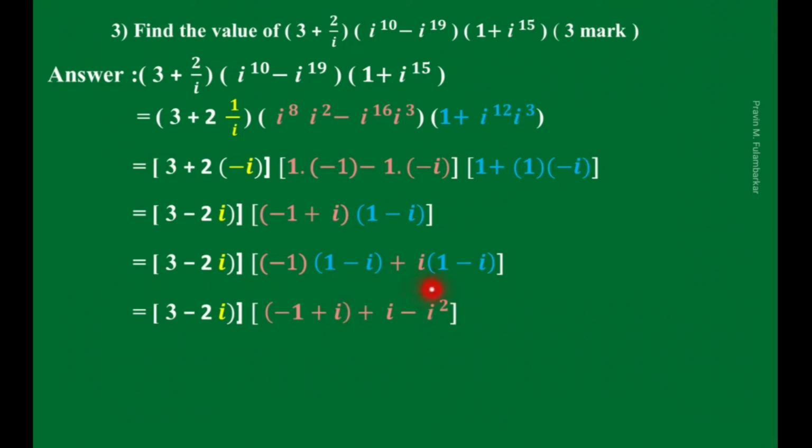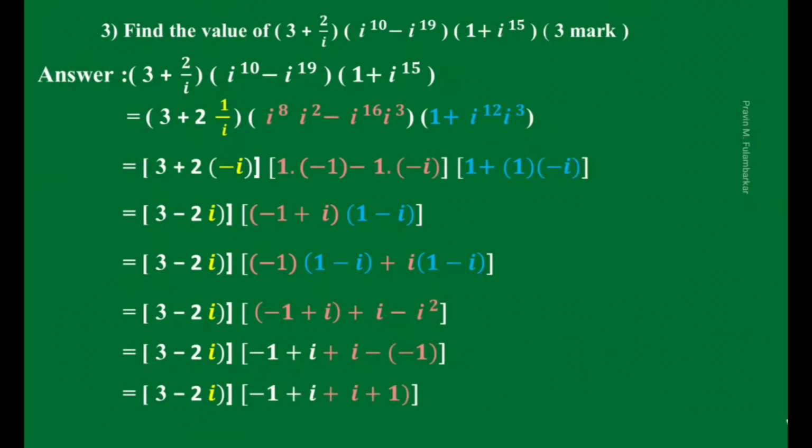Then multiply by i, so we get i into 1 is i, plus minus minus i into i is i square. So we replace the value of i square by minus 1. So we get here in place of i square minus 1. Then we add this minus minus get plus 1. So plus 1 minus 1 get cancelled. i plus i, twice i.